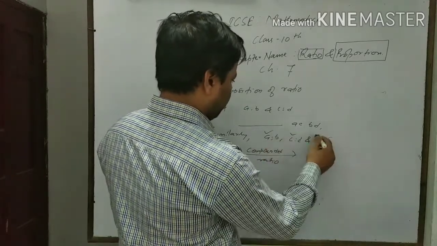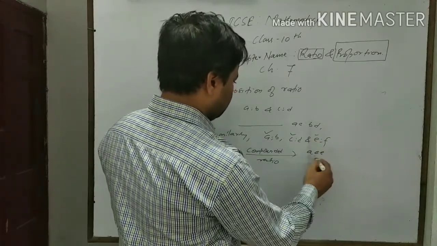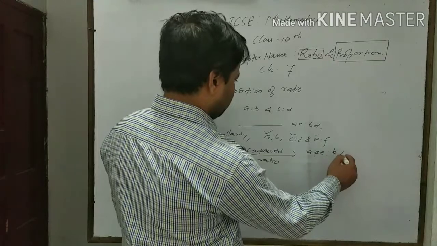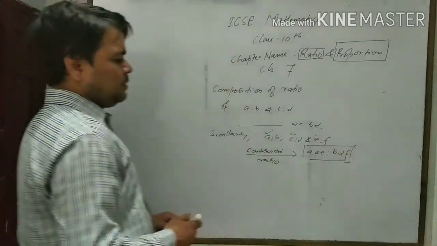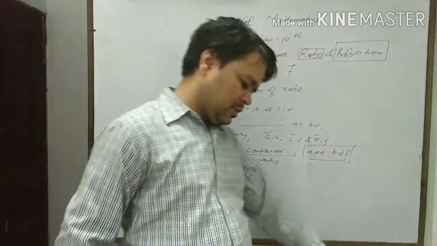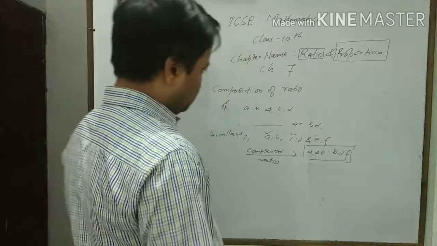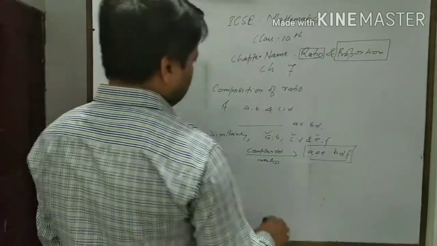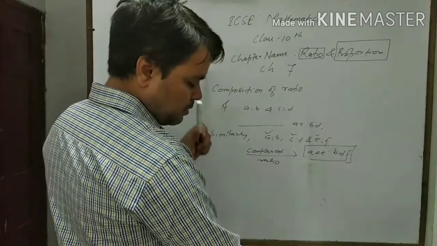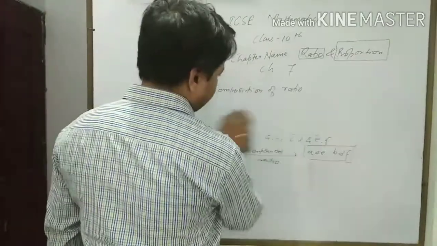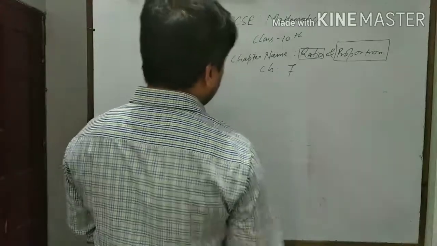Antecedents multiplied: A, C, E is to B, D, F. This will be multiplied. A, C, E is to B, D, F. This is called the compounded ratio.